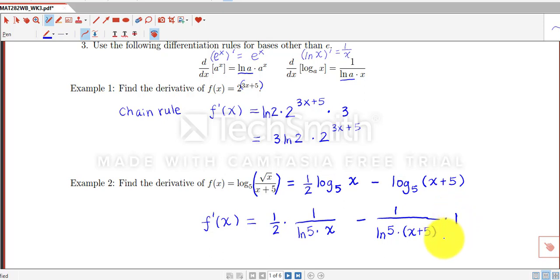The derivative is just 1. So the final answer would be 1 over 2 ln of 5 times x, subtract 1 over ln of 5 times x plus 5.